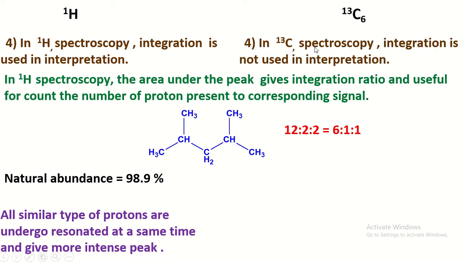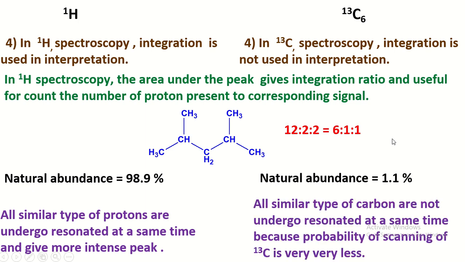But in carbon-13 spectroscopy, the integration is not used for interpretation. This means the number of carbon-13 nuclei cannot be counted accurately in the given signal, because the natural abundance of carbon-13 is 1.1%.